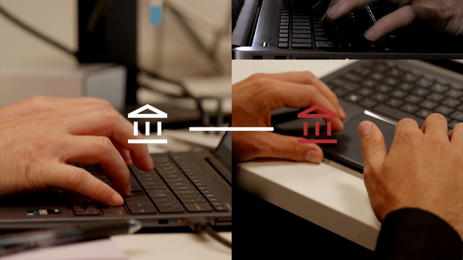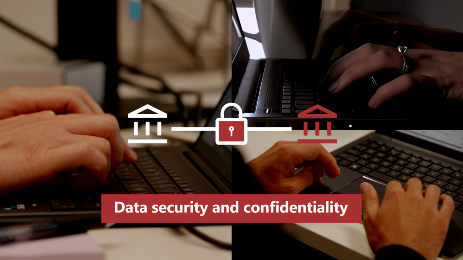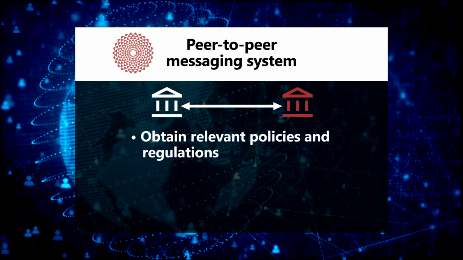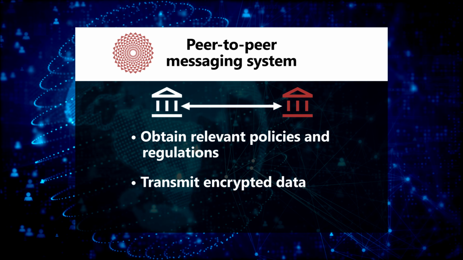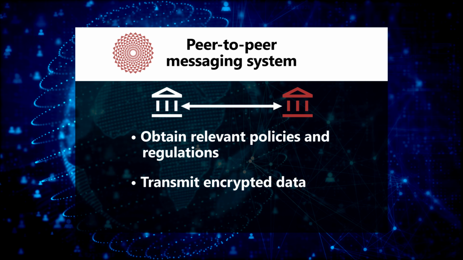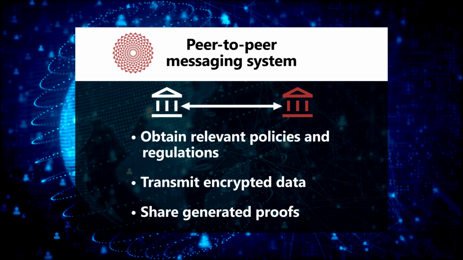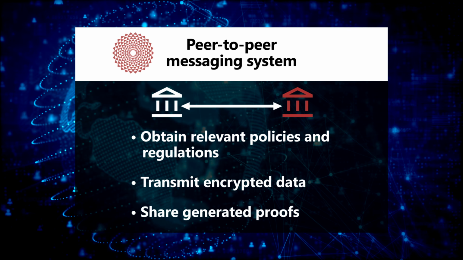Communication between nodes is encrypted, ensuring data security and confidentiality. This facilitates participants in obtaining relevant policies that apply to a transaction, transmitting encrypted data necessary for generating a proof of compliance, sharing the generated proofs, and handling any other communication essential for automated compliance checks.